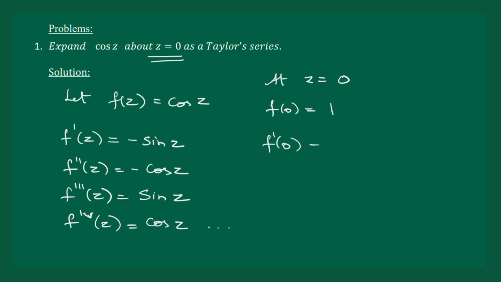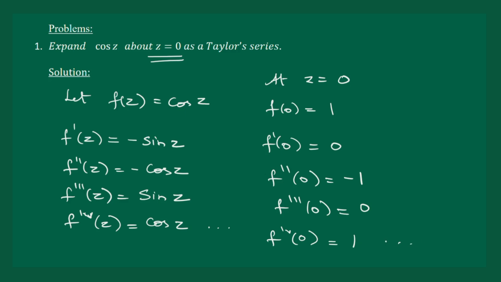Similarly, f dash of 0 is sin 0, which is 0. f double dash of 0 is minus 1. f triple dash of 0 is sin 0, which is again 0. Again the fourth order derivative of 0 is again 1. Again it goes on like this. Now we have to substitute these values in the given formula.